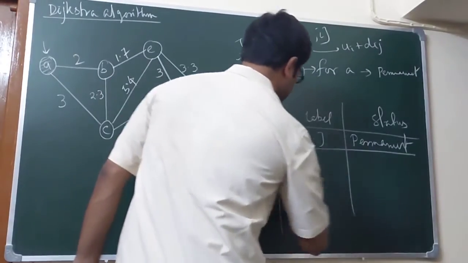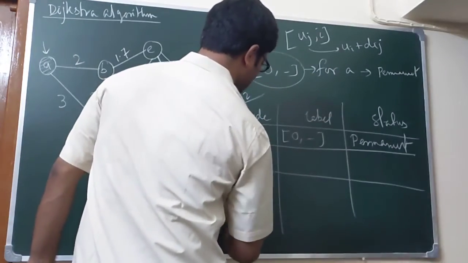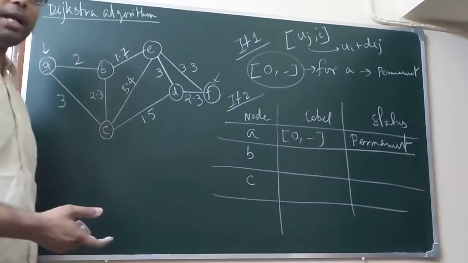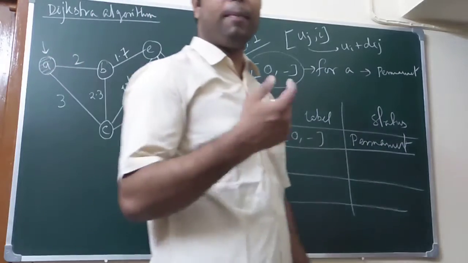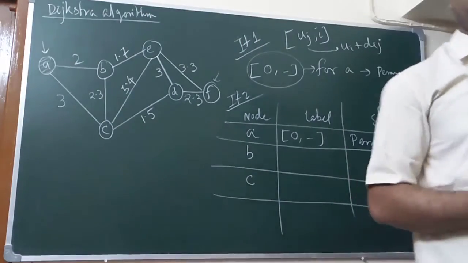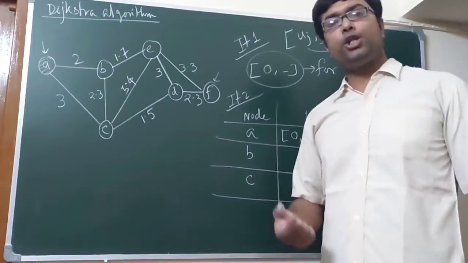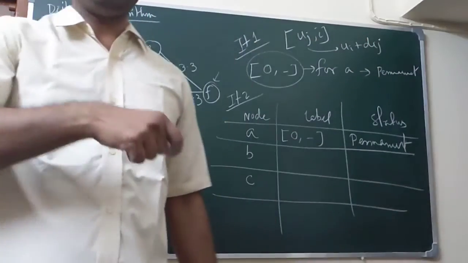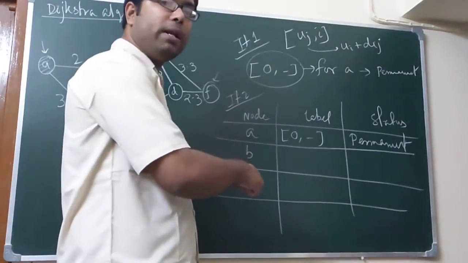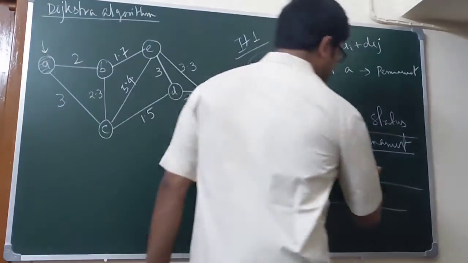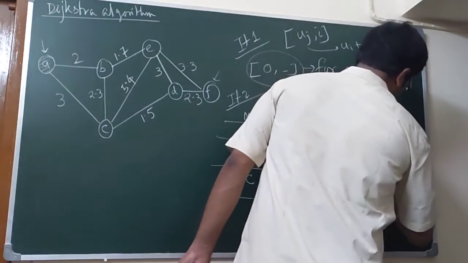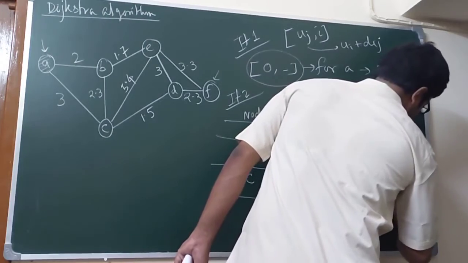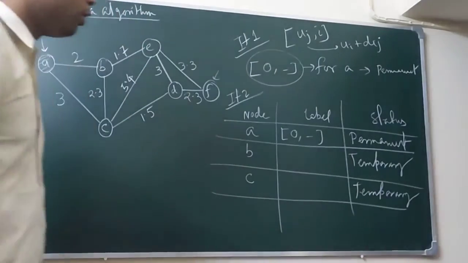Our next nodes that can be accessed from A are B and C. Initially all the intermediate nodes are made temporary. Why? If there is any path shorter than the current label, then we can replace it, and later change the temporary status to permanent. So these are temporary.